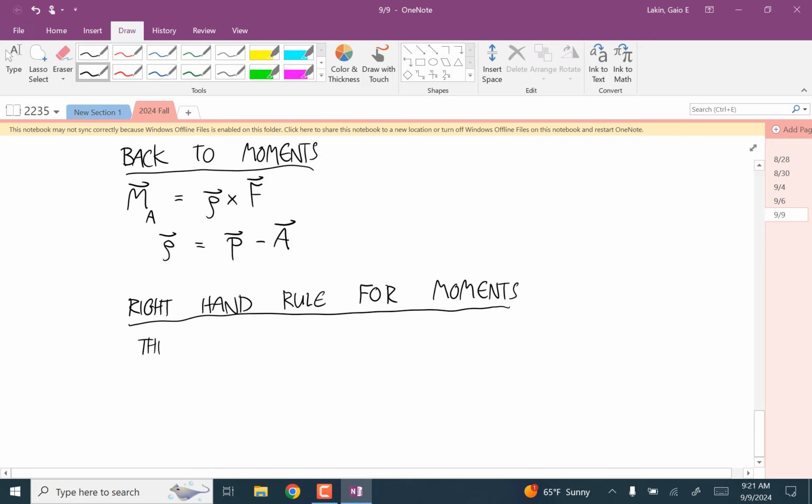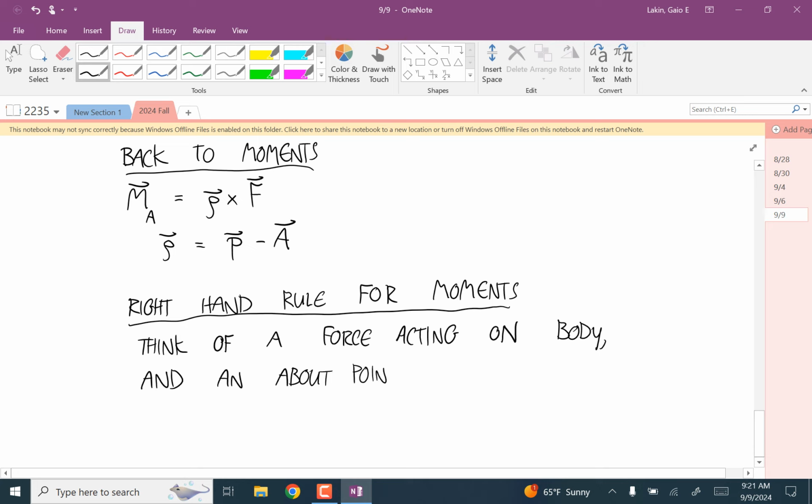So think of a force acting on a body, and an about point A. Think of that about point as like a hinge or a ball and socket joint that the body is able to rotate around.